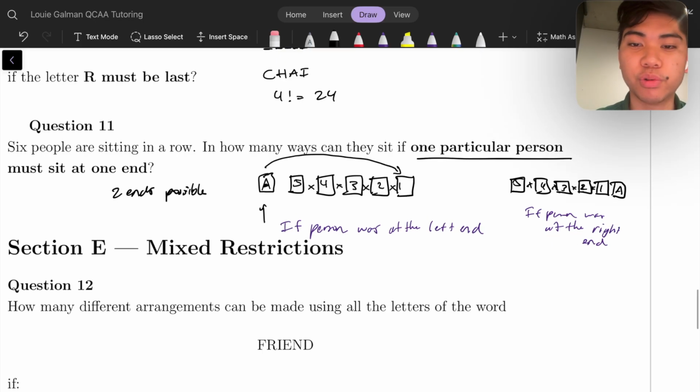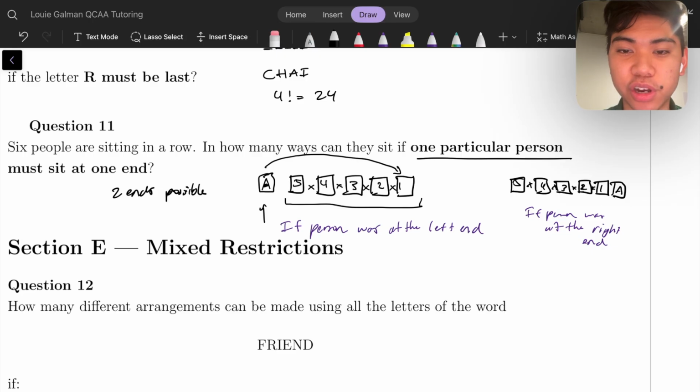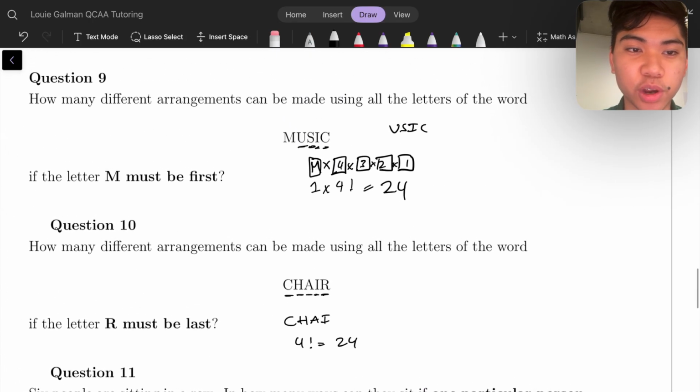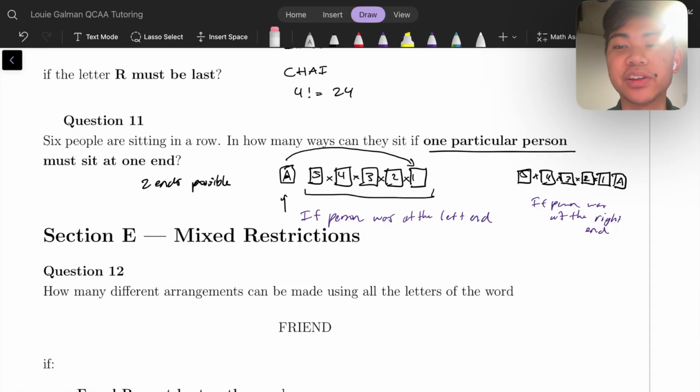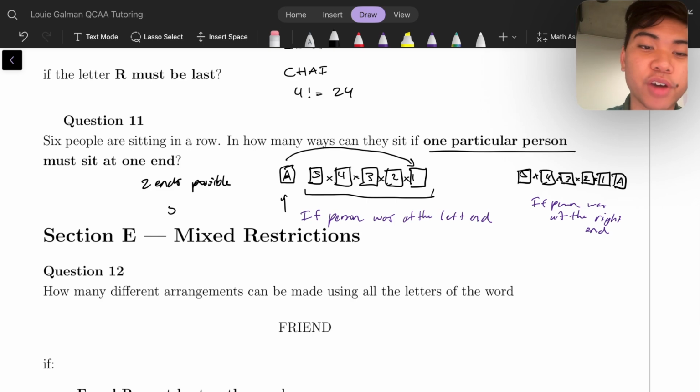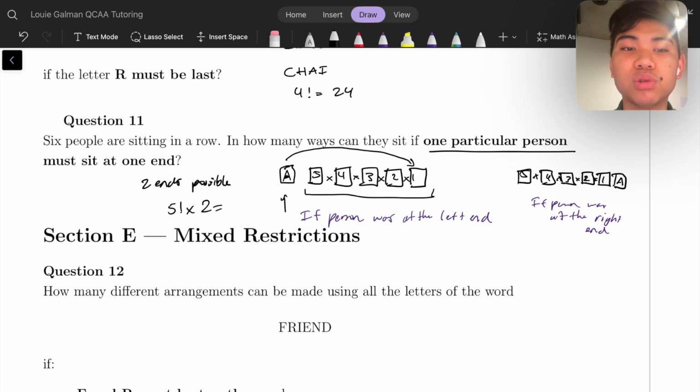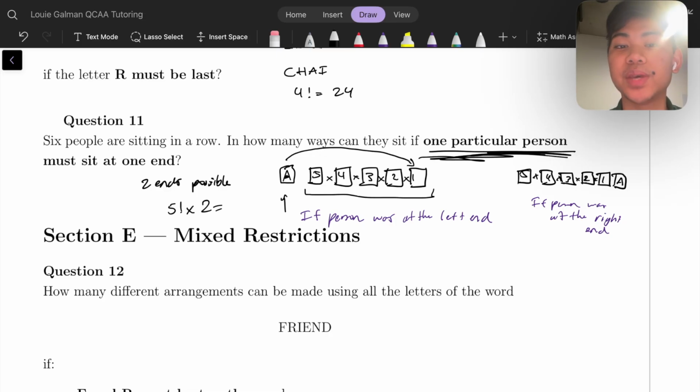Obviously with the other 5 people, that's 5 factorial. We know that from our previous question 9, question 10. But because there's a left end and a right end in a row, you imagine 6 people sitting in a row, then you have to multiply 5 factorial by 2 because there's 2 different ends that the one particular person could be at.